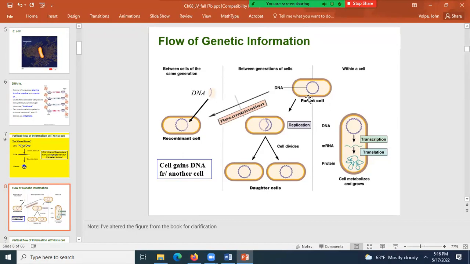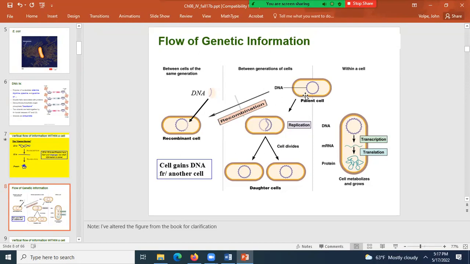And then the DNA comes out of the cell, and then we have naked DNA in the environment. And that naked DNA can be taken up by a cell. The cell that takes up DNA we call a recombinant cell, and that is known as recombination. I just didn't like the fact that it had a parent cell sending DNA to the recombinant cell, because oftentimes the DNA goes out in the environment, the cell dies. And we'll talk a little bit more about that later.